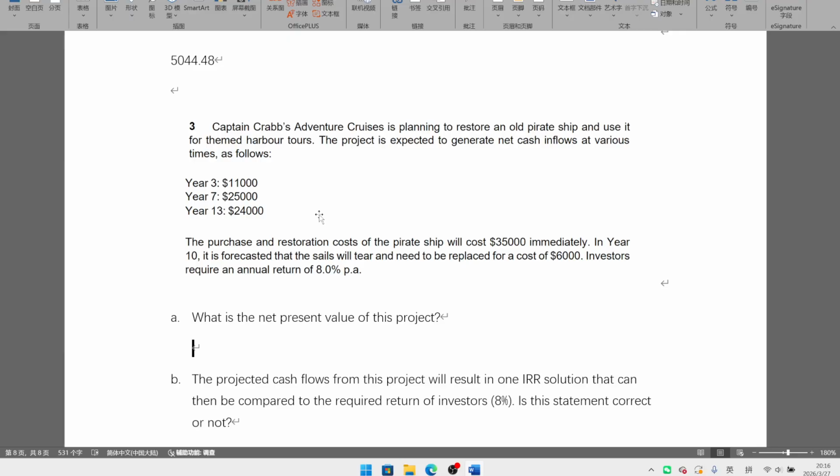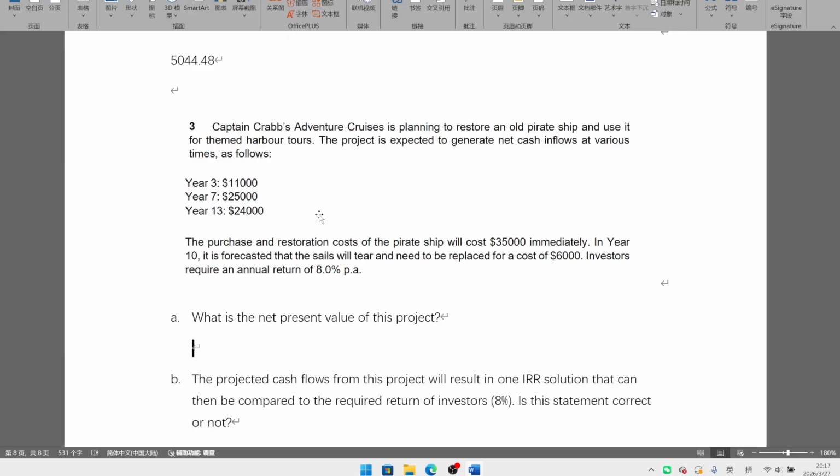PV is 11,000. So we just compute the PV. We need to clear the calculator first.